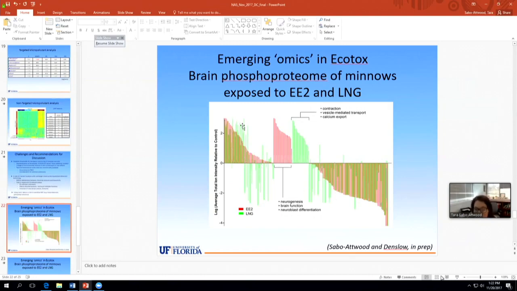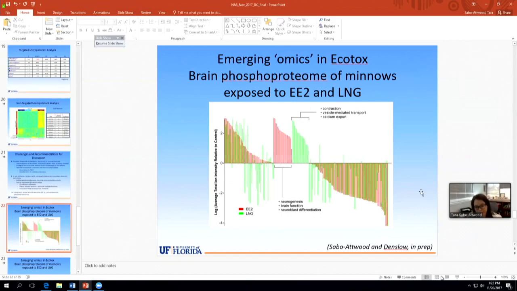The idea is if the line goes up, it's an increased phosphorylation event. If the line goes down below zero, it's a decreased phosphorylation event. And what you can clearly see is there are certain phosphorylation events specific to each one of these compounds related to different processes such as neurogenesis and differentiation, and vesicle-mediated transport and calcium export in the levonorgestrel exposure.